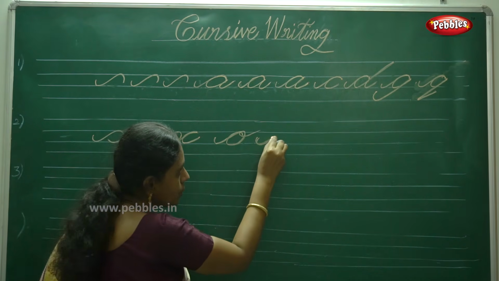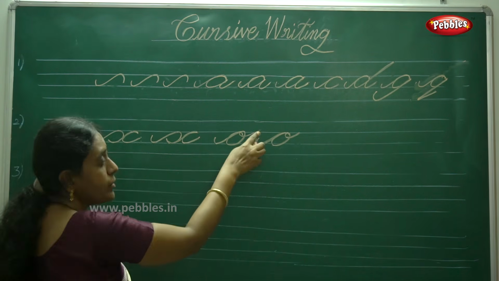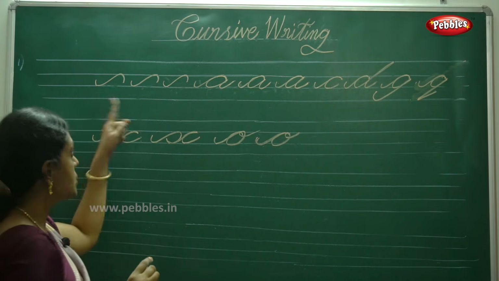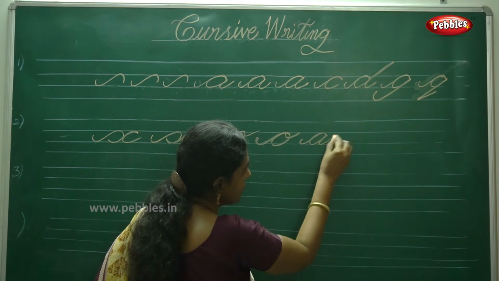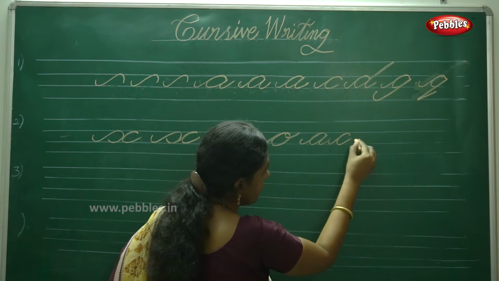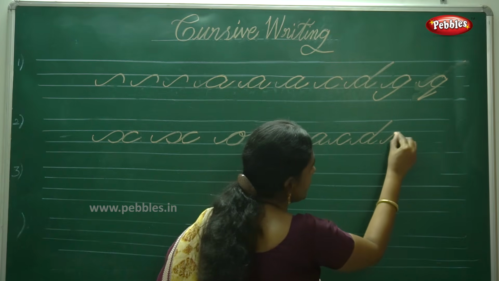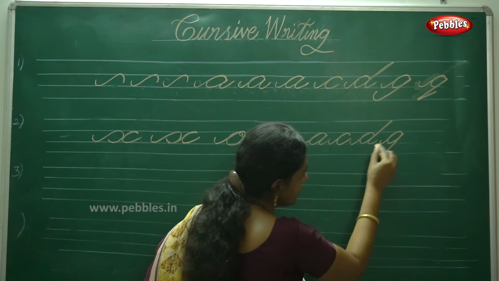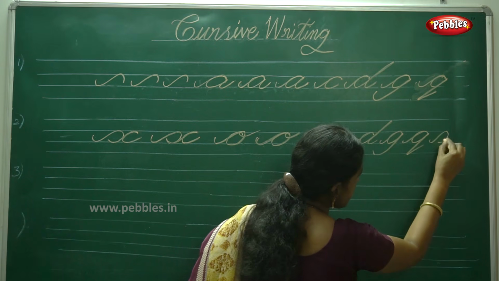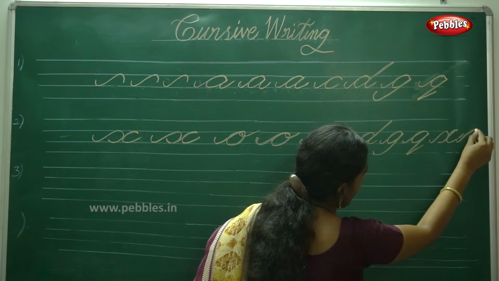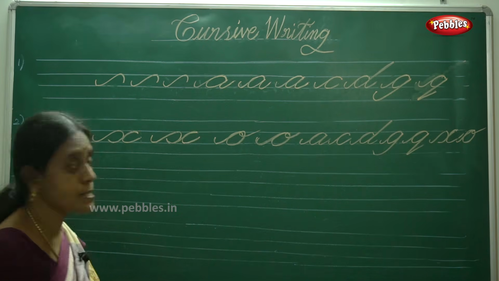Okay, draw a stroke, O. It also comes only top line and bottom line. So from this stroke, I have to write once again A, C, D, G, Q, X and O. Understand?